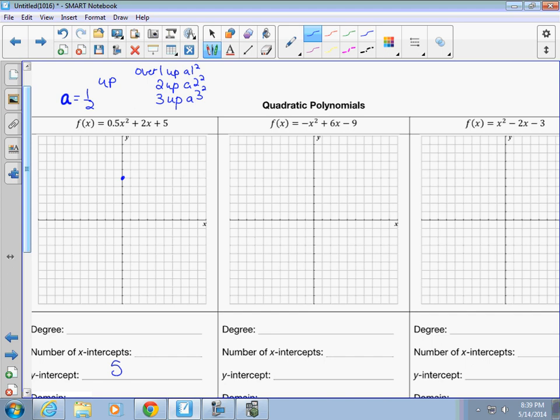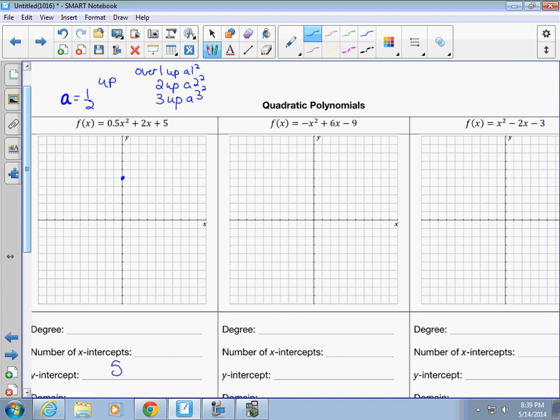So because my a is a 1/2 here, that means I'm going to be going over and up a half every time. So it'll be over 1 up 1/2, over 2 up 1/2 times 4, so that's 2, over 3 up 1/2 times 9, so that's 4.5. You need to find your vertex in order to do this.